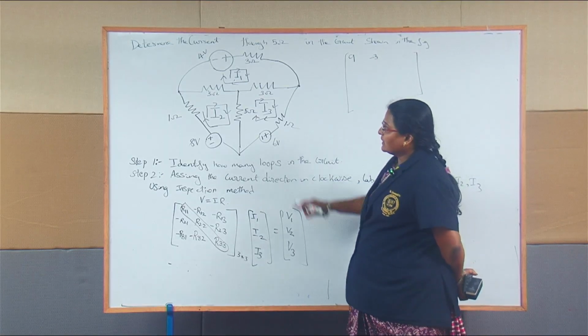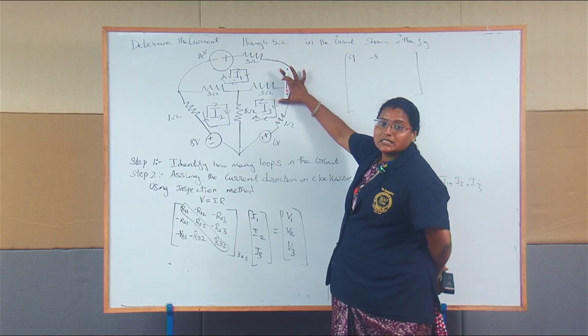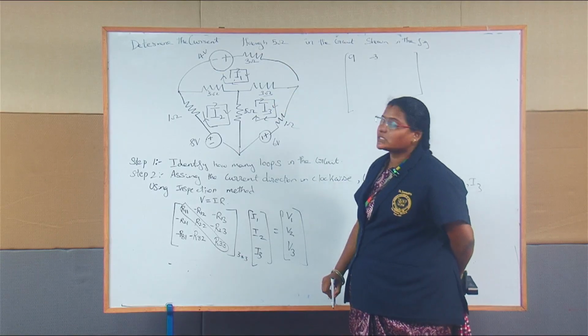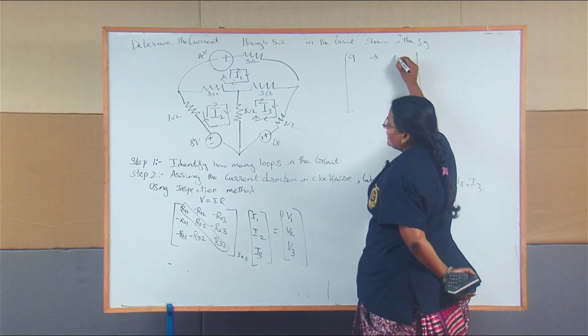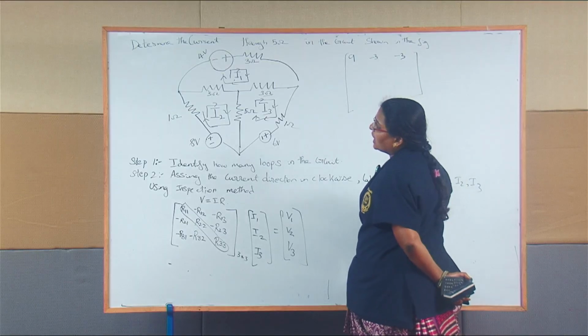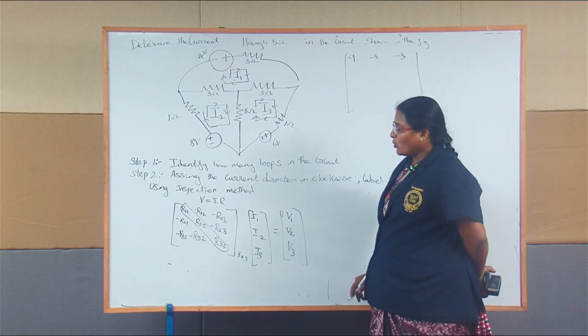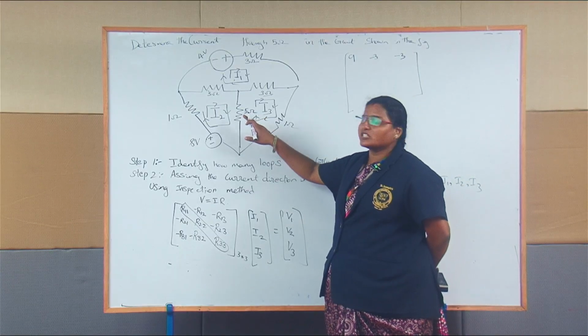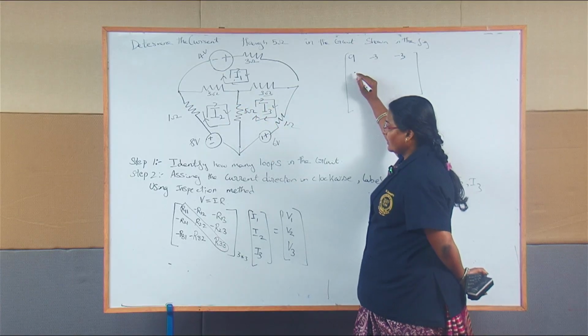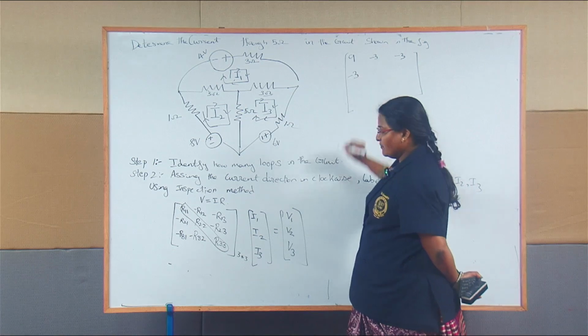Similarly, R13, this is loop 1, this is loop 3. Here it is 3 ohms, so you write minus 3. Then R21 means the resistance shared by the second loop and first loop. So here it is also minus 3.